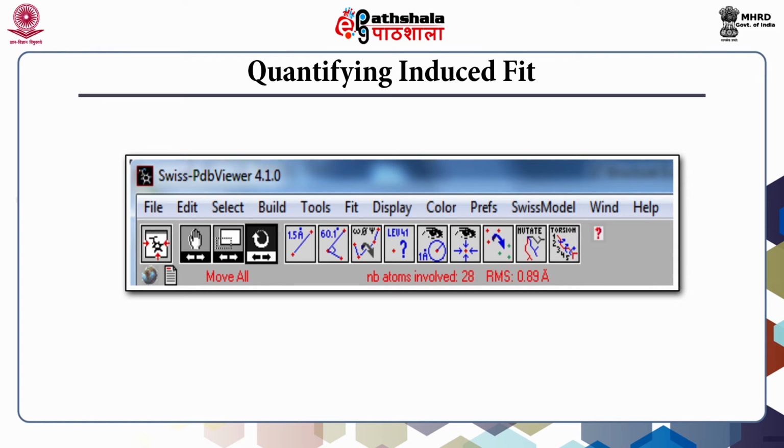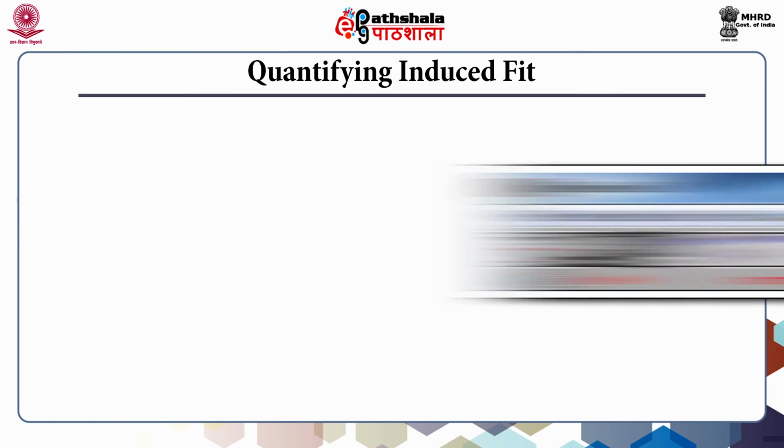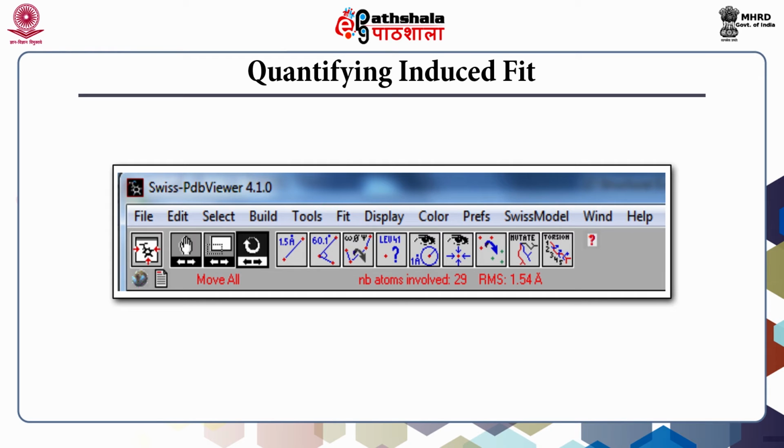Now calculate RMS for side chain atoms only by checking the radio button for side chain atoms, selecting 1FHU as the fixed layer and 1R6W as the second layer, and clicking OK. This will display RMS in the status bar as 1.54 angstroms, which shows that there is induced fit binding of the substrate into the active site through movement of atoms in the side chain also.